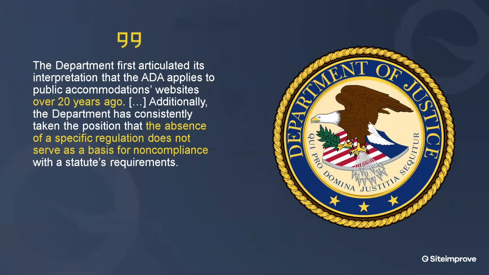Additionally, they've said that the absence of a specific government regulation, a specific piece of statute that applies the internet to the Americans with Disabilities Act, does not mean that you can willy-nilly be non-compliant. Just because the government hasn't put out specific language saying the internet is covered by the ADA doesn't mean that it doesn't apply.